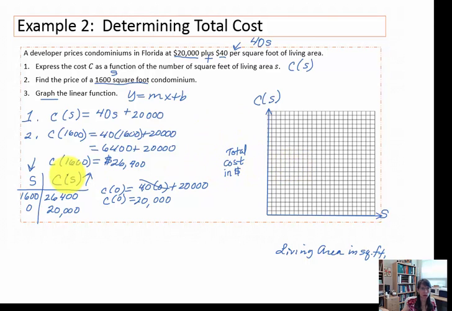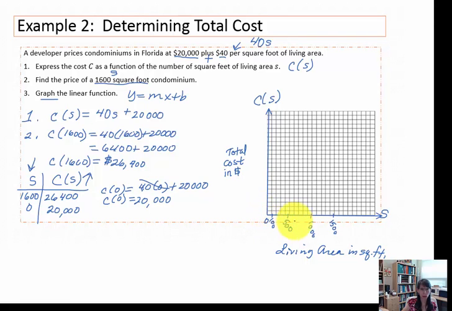Now we need a scale to accommodate our numbers. Our lowest value for S is 0, largest is 1600. So I could count by 100s. Now since these are so close together, it would be difficult to write the value for every single line, so I'm going to skip a couple of lines and label those. So if each one is worth 100, I might start off by writing that first one so we know what the established scale is.